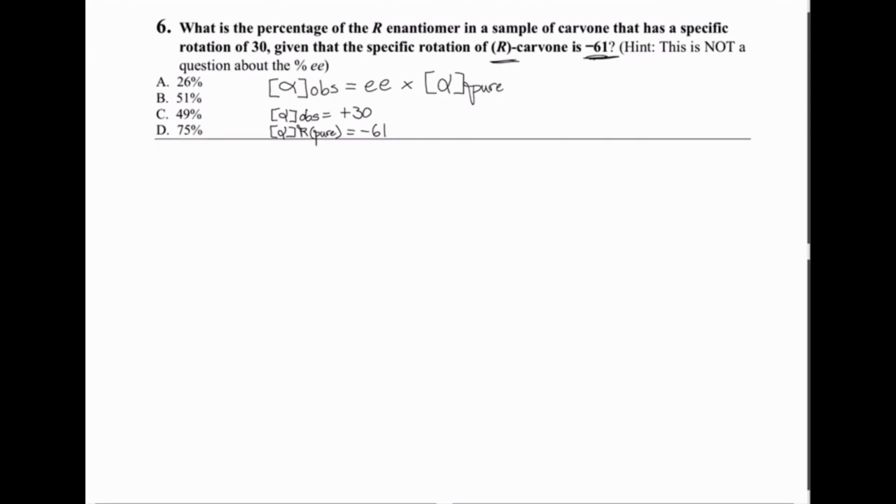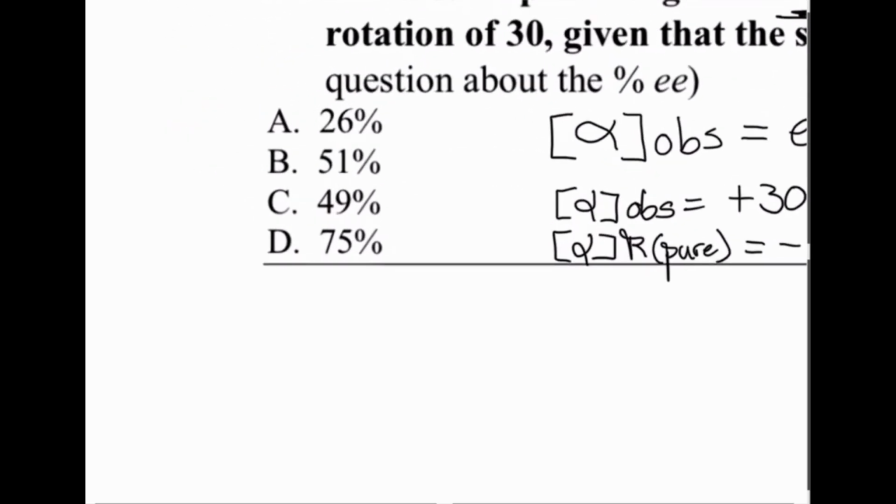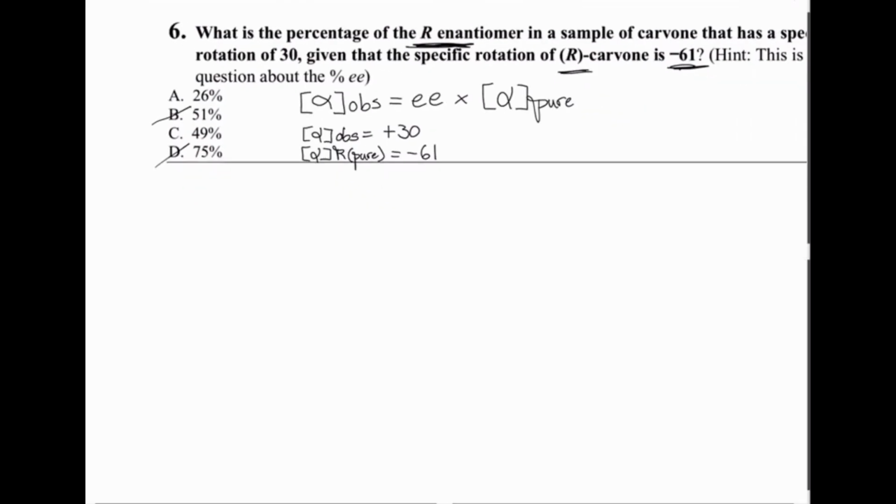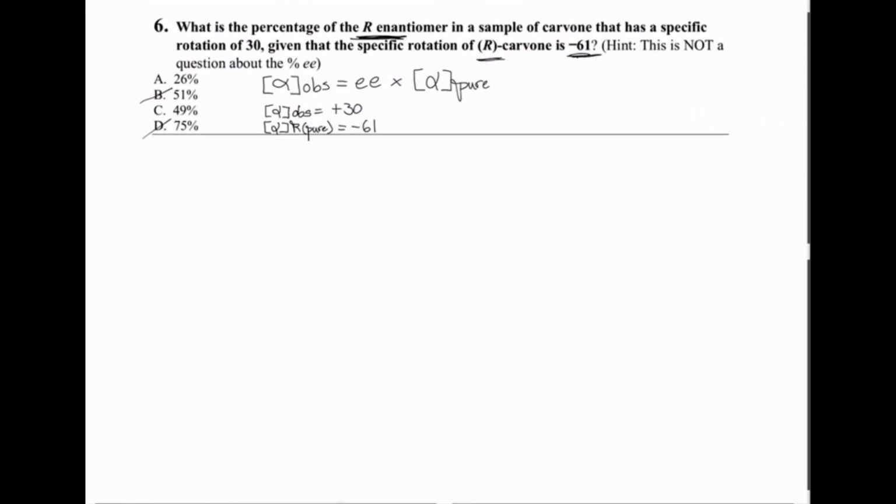So if we are looking for the percentage of the R enantiomer, we know that there is less of the R than S. That automatically gets rid of B and gets rid of D. Now we're looking at A and C. Now I know if you guys are doing some critical thinking here, you know what the answer is. I believe in you. But we're going to go ahead and solve the equation.